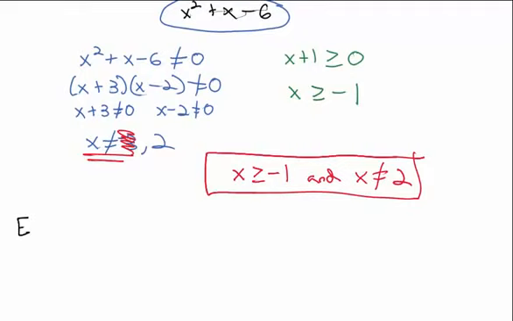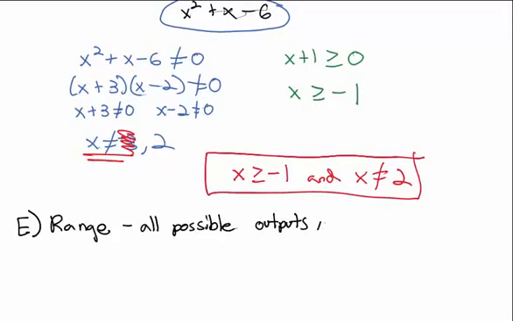One last thing I want to look at then is not just the domain, but looking at range values, or all possible outputs. Another way of thinking about that is all possible solutions.